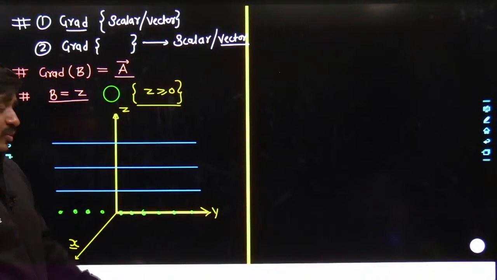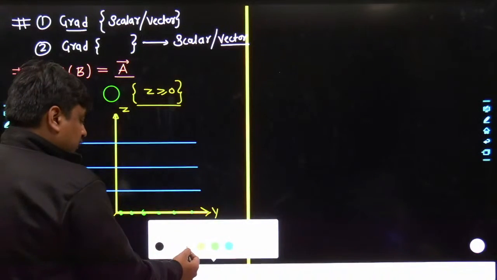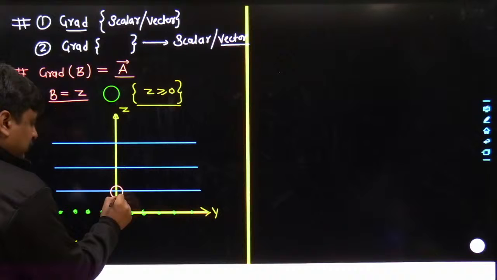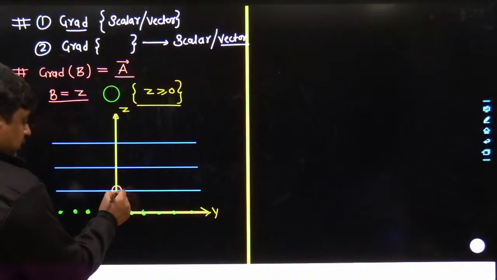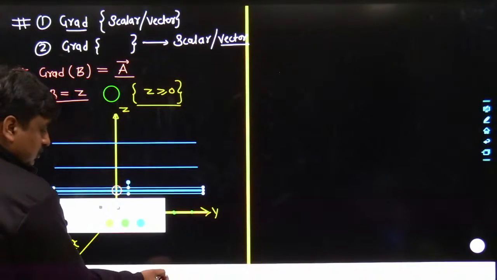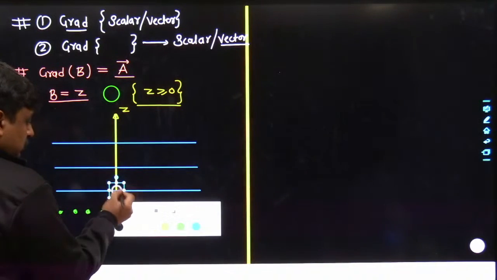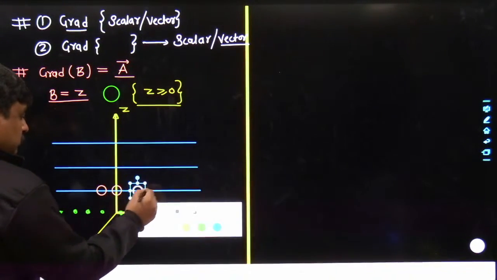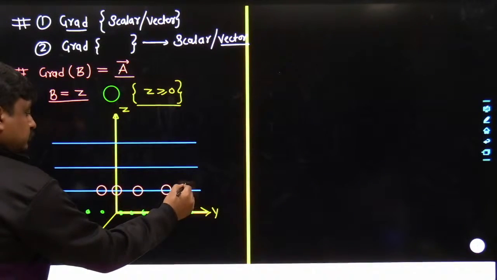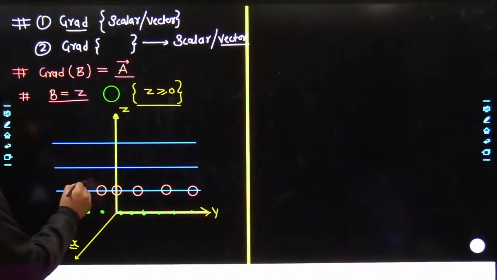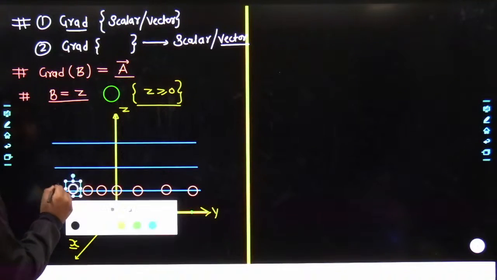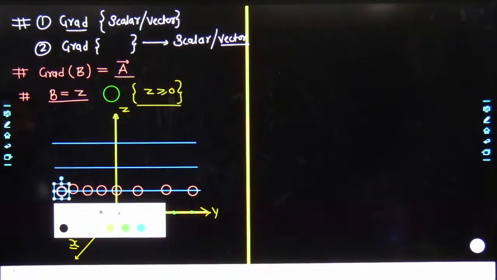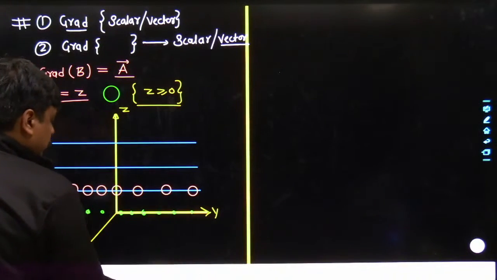Now what would happen? The magnitude has to increase. At z is equal to 1, you would have a circle with the radius equal to 1, like this.